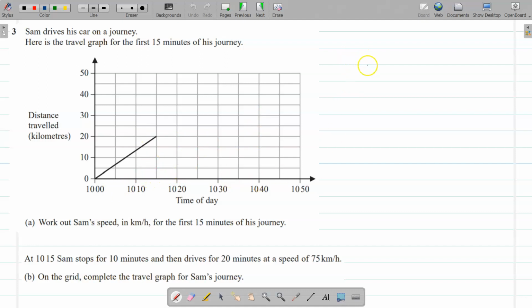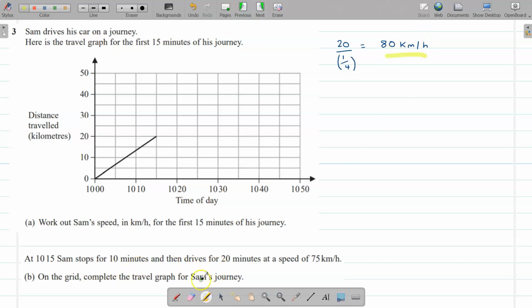So the speed is the distance divided by the time taken, which is a quarter of an hour. Okay, so 20 divided by a quarter of an hour is 80 kilometers per hour. Okay, and that's it for the first part of the question.